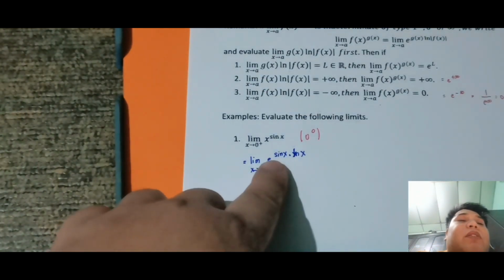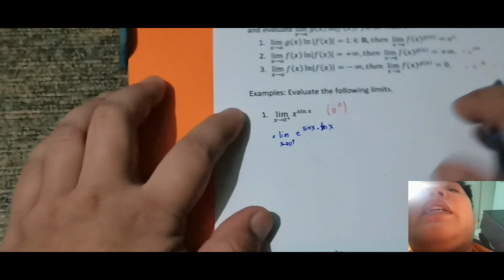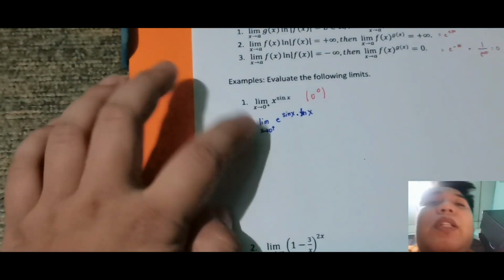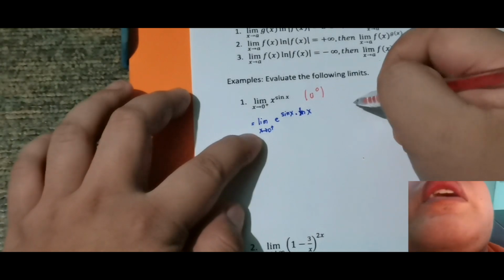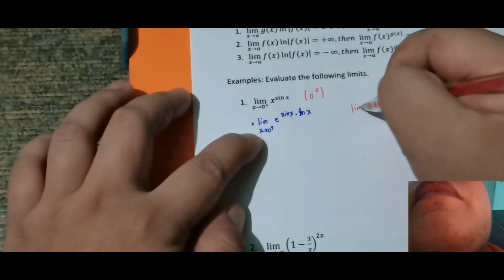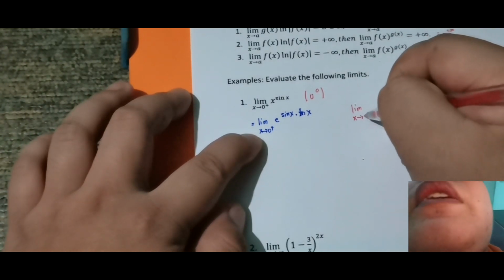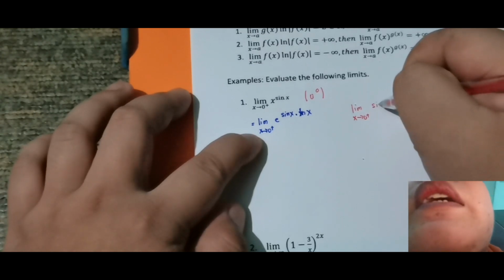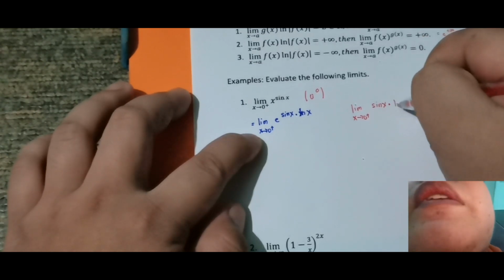Okay? So, kukunin daw natin yung limit nung sin x na yan. So, since hindi natin kailangan sagot yan, dito tayo pupunta. Kukunin natin yung limit as x approaches 0 from the right ng sin x times ln of x.